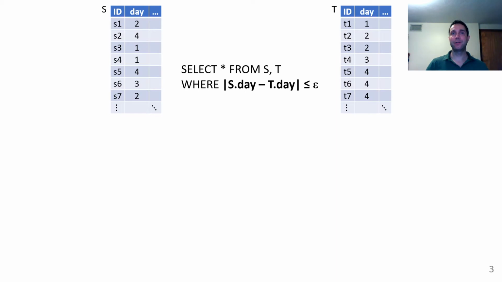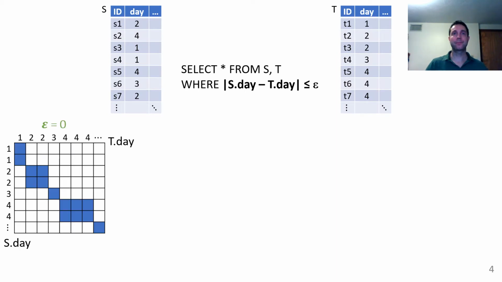Let's build up a little more intuition about band joins by looking at the one-dimensional problem. Here we see for epsilon equal to 0 the join matrix between S and T, where we have the day values of S on the rows and the day values of T on the columns. And you can see that only equal values can join, meaning that this is just a classic equijoin.